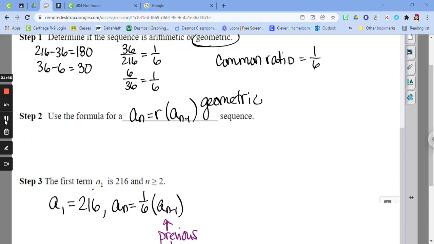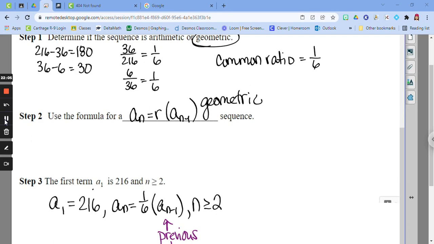Okay? And that just indicates that they gave us the first term, so we're going to be able to start finding the second term. That n is greater than or equal to 2.